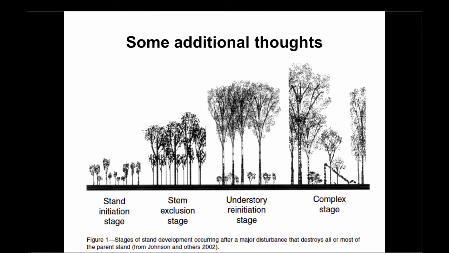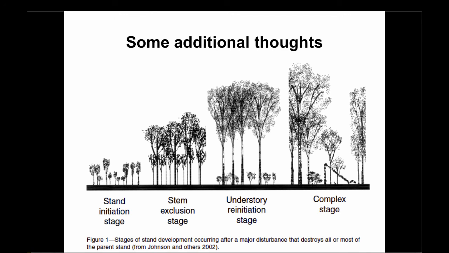And then over time, that stand is going to go through a stage where you pretty much capture all of the resources. There's going to be very little light, and you end up with what we would consider density-dependent mortality. Over time, those trees will die and shade out. Not all of those individuals are going to live.